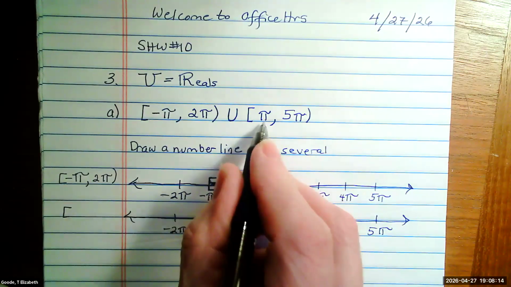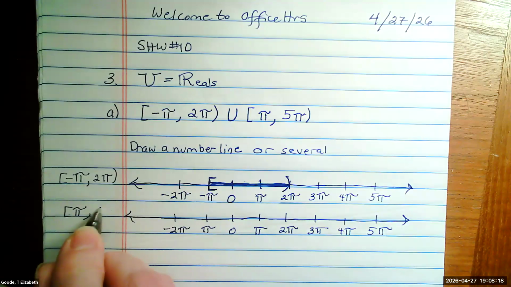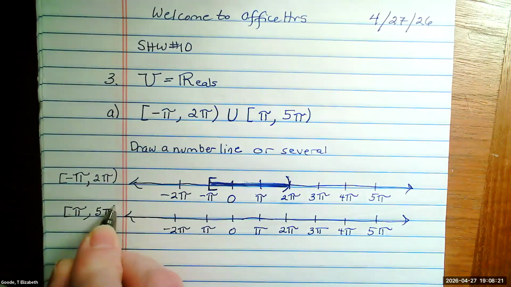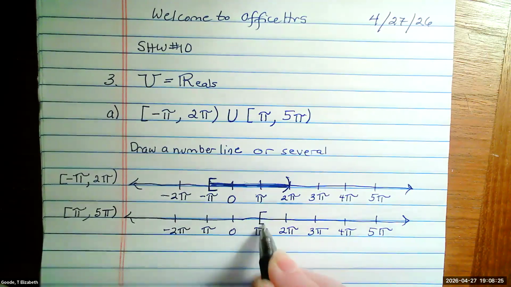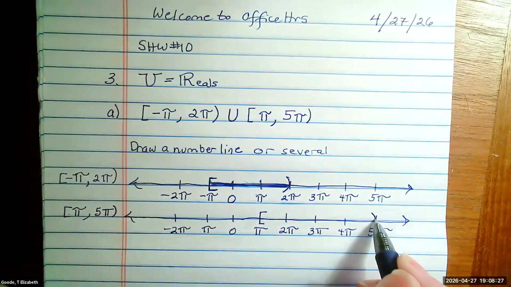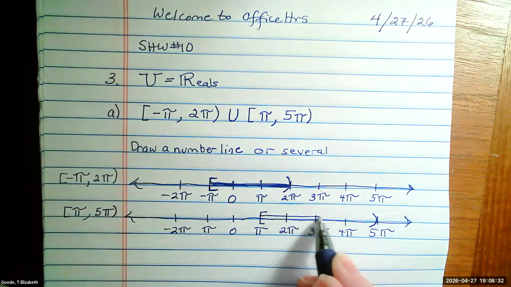And then this set starts at pi and includes pi and goes to 5 pi but doesn't include the 5 pi.